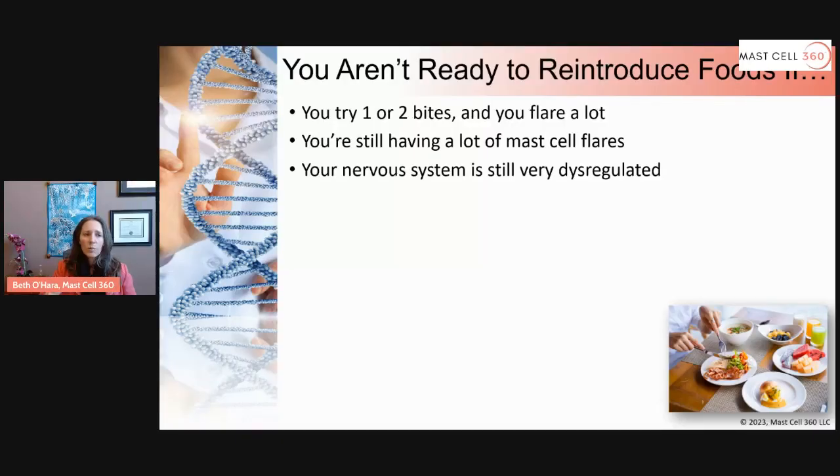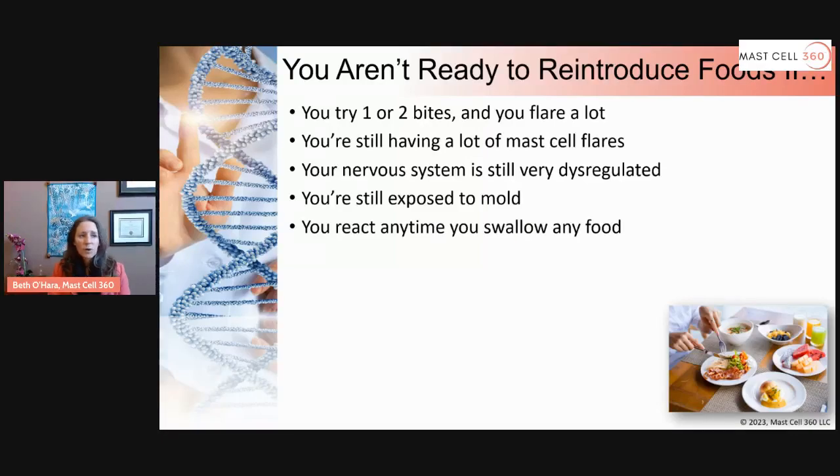So you want to get that calmed down. And if you're still exposed to mold, it may be hard to get new foods on board until you're out of mold exposure and have improved air quality. If you're reacting every time you swallow any food, you definitely don't want to reintroduce foods at that point. So work on the stabilization steps that we talk about a lot on here.